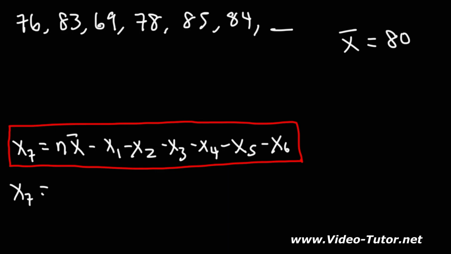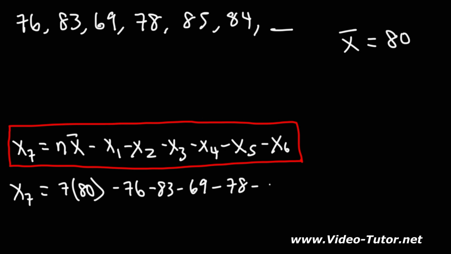So the 7th data point that he needs to get an average of 80, we have a total of 7 exams times the desired average of 80 minus the first exam, which is 76, minus the second exam, which is 83, minus the third, which is 69, and the fourth, and the fifth, and the sixth.